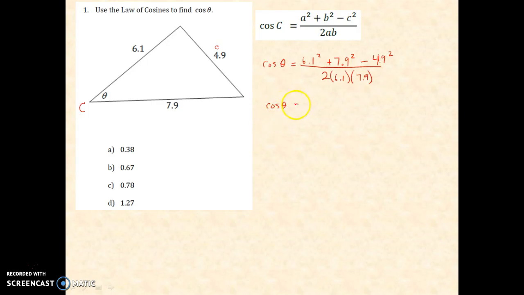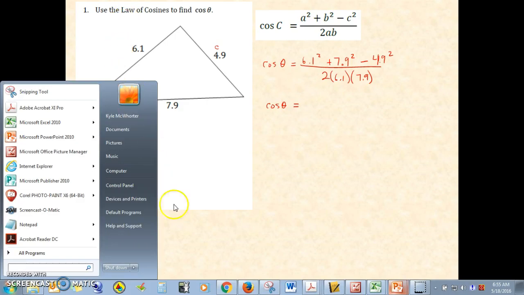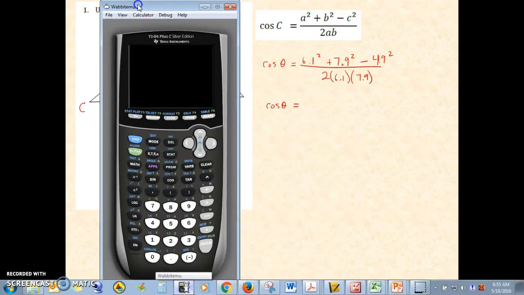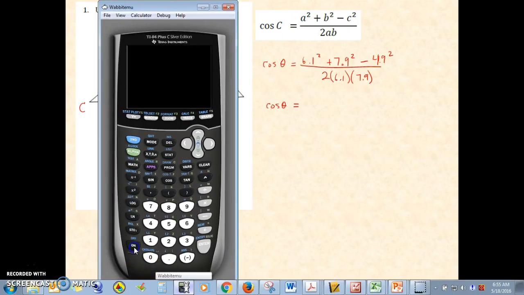So cosine theta equals, and then I am going to break out Mr. Calculator here. Let's calculate.